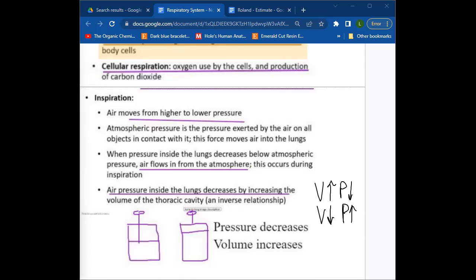Versus if you have a really huge room with a large volume, the pressure is very small. The people aren't cramped and close together. The pressure between the people is very, very low.